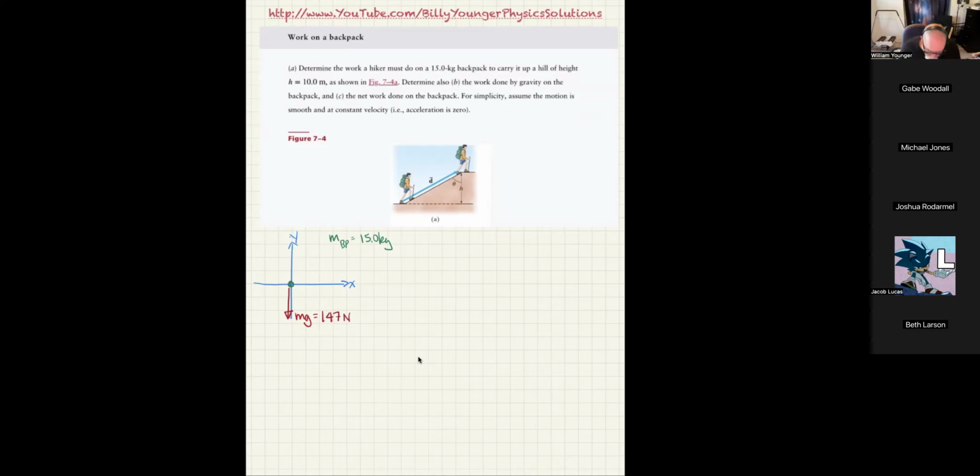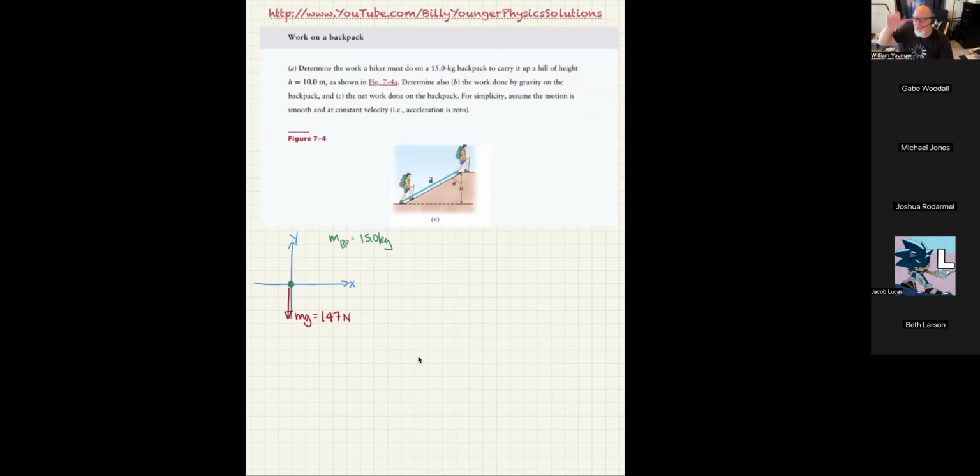That's the actual weight. Now, in addition to that, we've got the force applied by the hiker. So we'll call that force FH. What we're assuming here is that the force the hiker is applying is just enough to more or less counteract the mg.